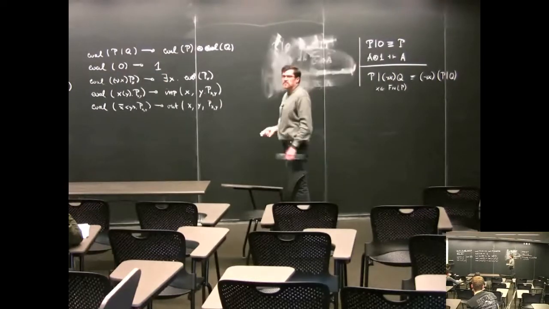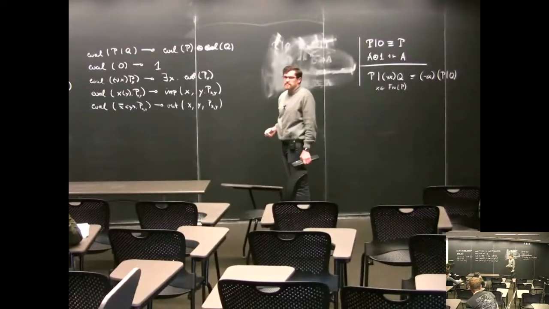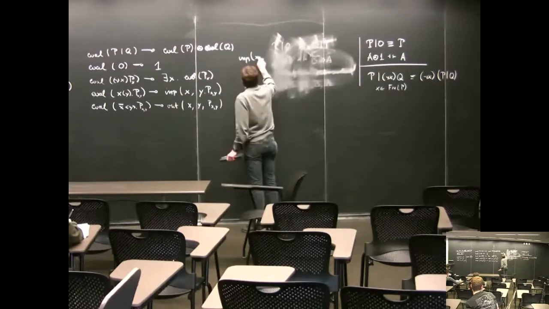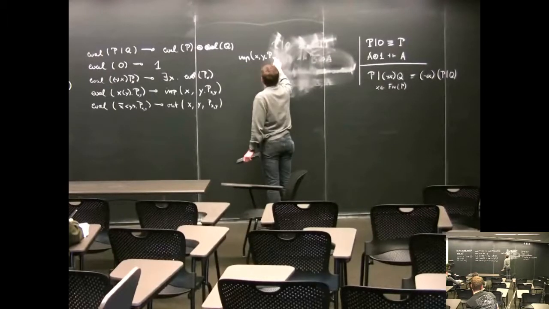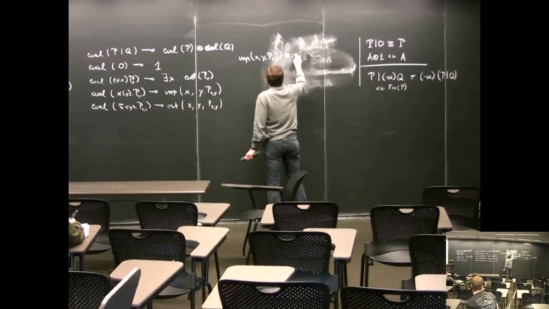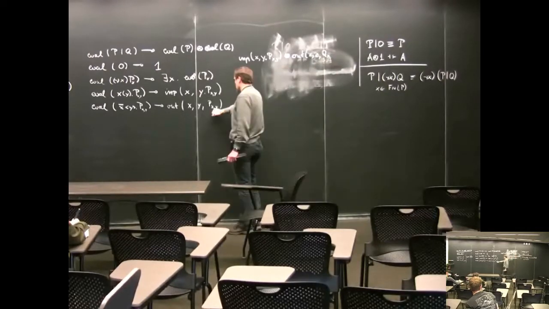So what would that rule be? We have an input along a channel and an output along the same channel, then we can just do substitution. An input along a channel and an output along the same channel, q of y.